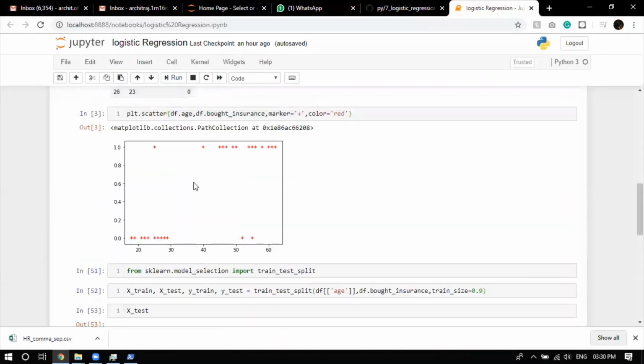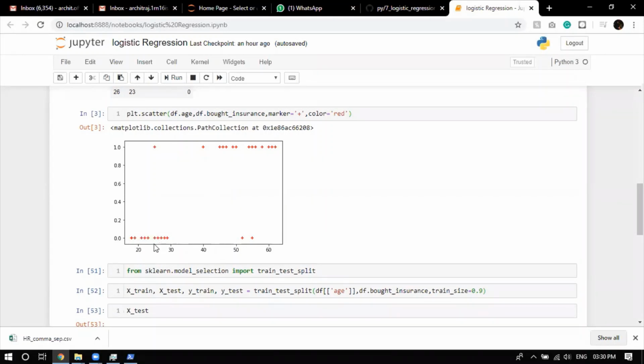So I'll show you one more thing. When I said that making a linear regression will not work, just imagine we don't have these outlier points. If we try to make a line for linear regression here, it will be some straight line like this.